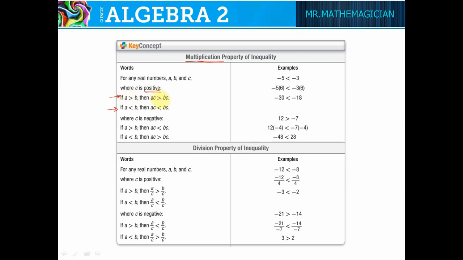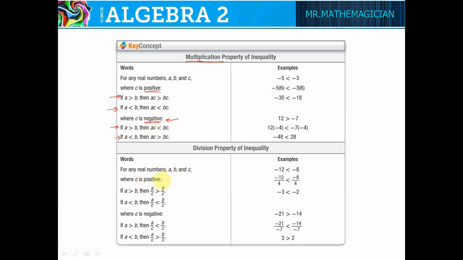Bigger than stays bigger than, smaller than stays smaller than. But if a is bigger than b or a is smaller than b, and we multiply by a negative number, you can notice that the direction will change. It means greater than becomes smaller than, and smaller than becomes bigger than, in the case of multiplying by a negative number.